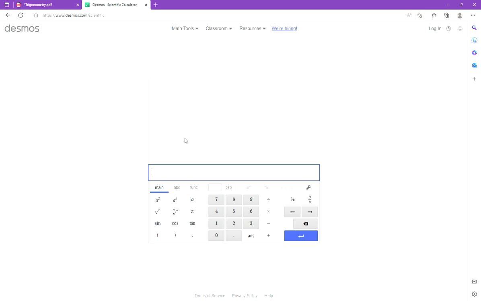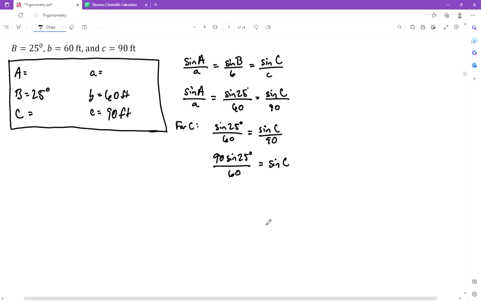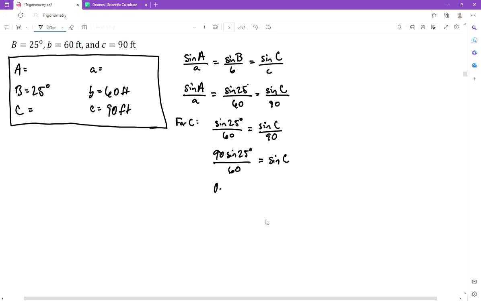So we have 90 sine of 25 divided by 60 is 0.6339. So 0.6339 is sine of C.